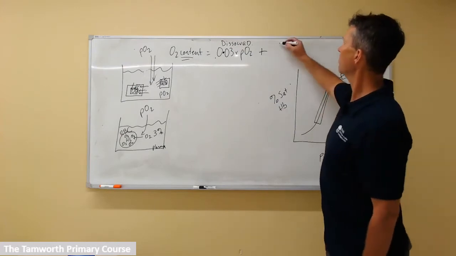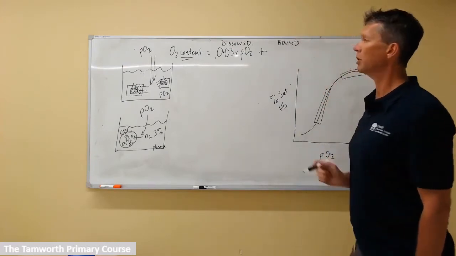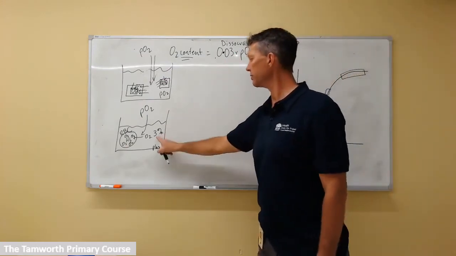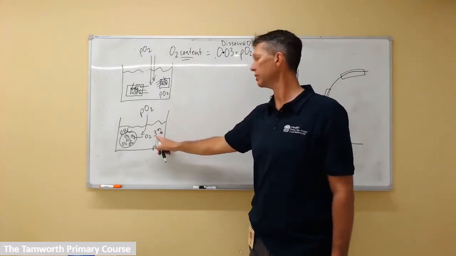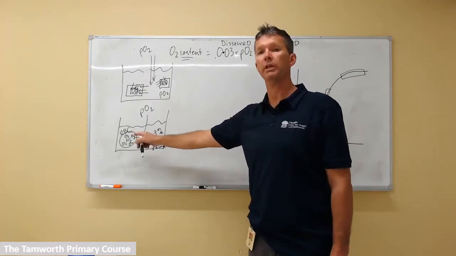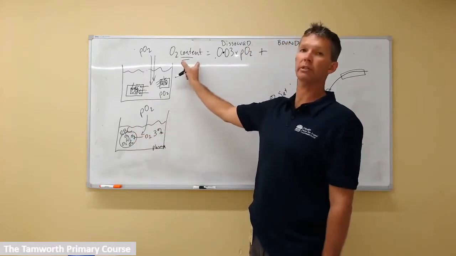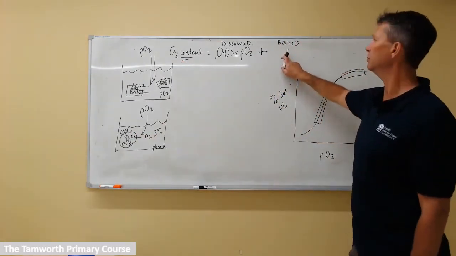And we also talk about bound oxygen onto haemoglobin. Note, it's the dissolved oxygen content, this 3%, which participates in tissue oxygen exchange. It's not the red blood cells. They merely act as a reservoir. But the reservoir of how much content is in the blood is largely governed by the haemoglobin.